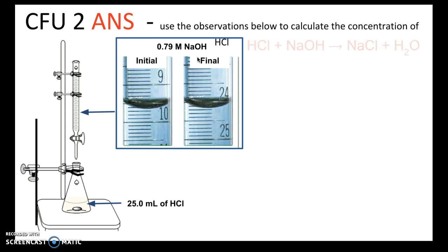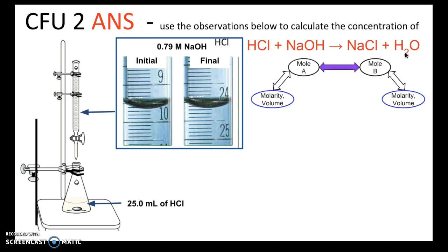Okay, so let's take a look at our answers. First thing that's helpful is to write down the balanced chemical equation. HCl plus NaOH goes to form NaCl and H2O. Because we want to go from the molarity and volume of an NaOH solution to knowing the molarity of HCl solution, we're going to use the shortcut here, because we're going basically from molarity and volume to molarity, which is M1V1 equals M2V2.